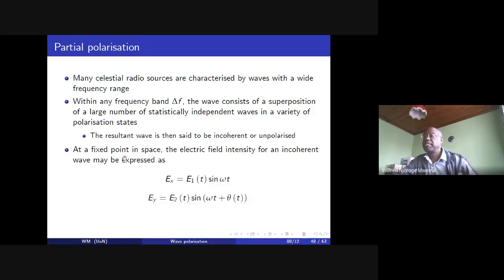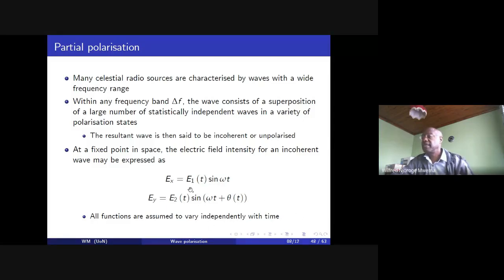At a fixed point in space, the electric field intensity of an incoherent wave may be expressed as Ex, given by an amplitude that is varying with respect to time multiplied by a sinusoid, so to speak. And the Ey will have that with a phase that is also varying with time. All functions are then assumed to vary independently with time.